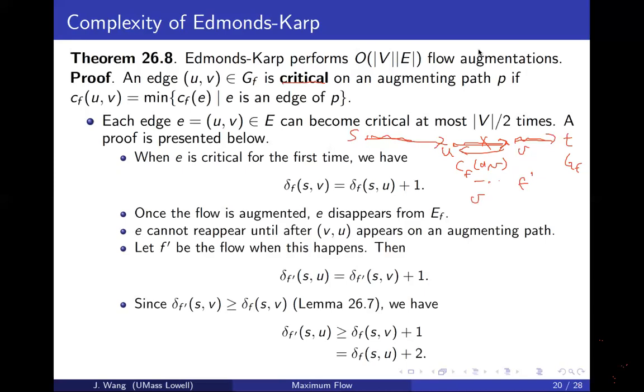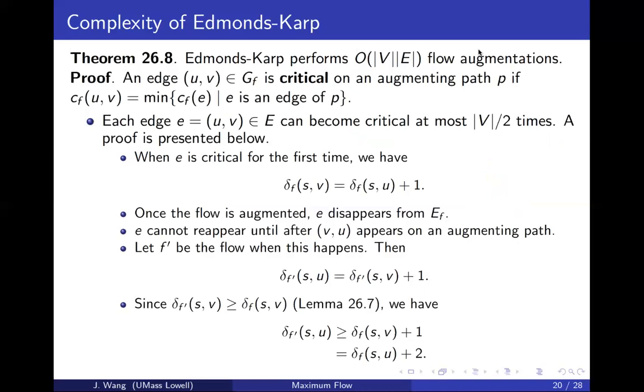So the edge V to U appears because it is selected on the path, and after it's augmented, UV will appear again. Once UV appears, at some point it could become critical. So I want to know how many times it could become critical. That's the handle we use to do this counting.